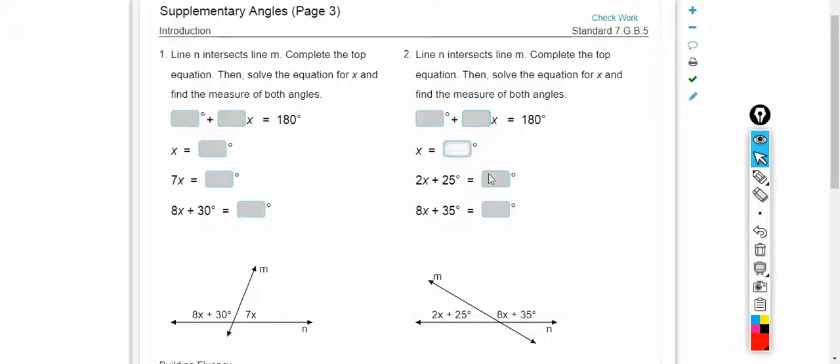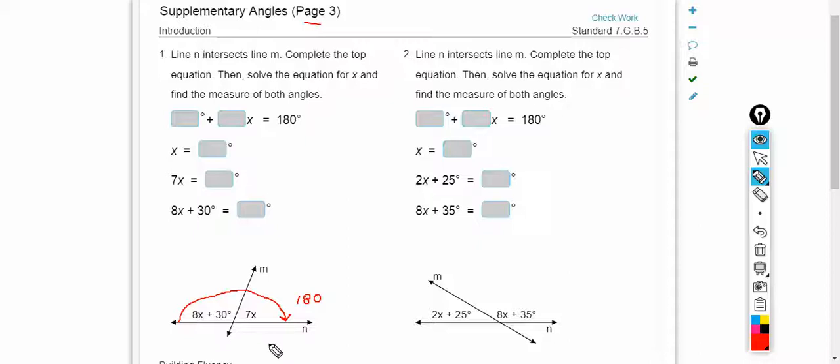Alright, so on the third page, page 3, first draw out your angle. This entire angle, again, is 180 degrees.